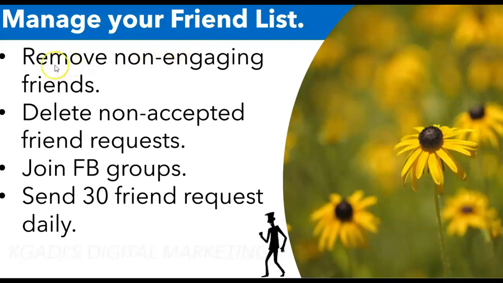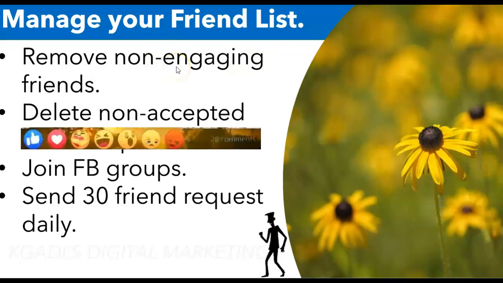So the first thing that you need to do, you need to remove non-engaging friends from your friend list. So what do I mean by engaging? As we've spoken about in the content hacking video, engagement means those people, when you make a post, they engage in your post by liking, loving, and commenting on your post.